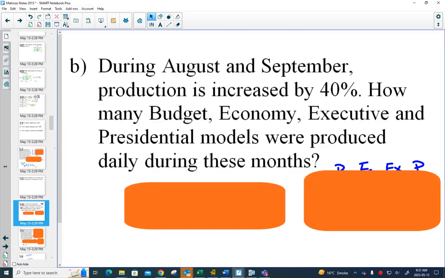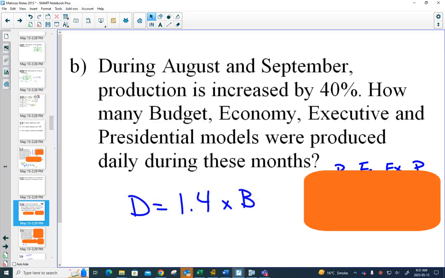Question B. During August and September, production is increased by 40%. How many budget, economy, executive, and presidential models were produced? Well, we have to think about which matrix we want to use.